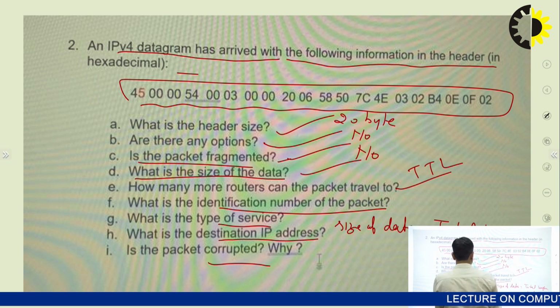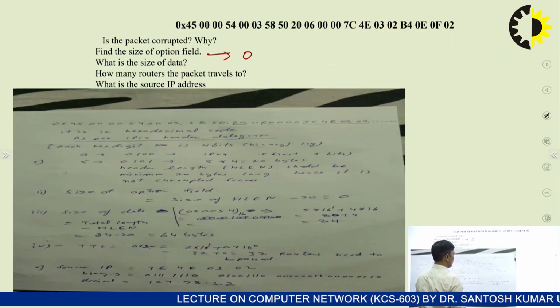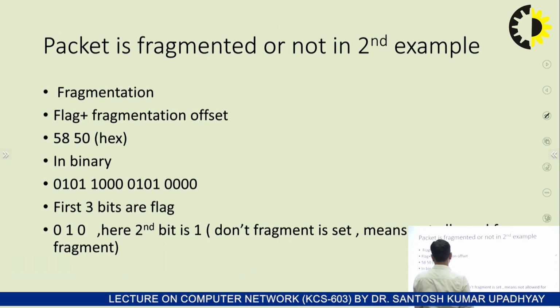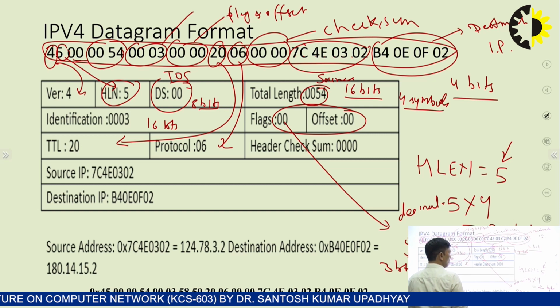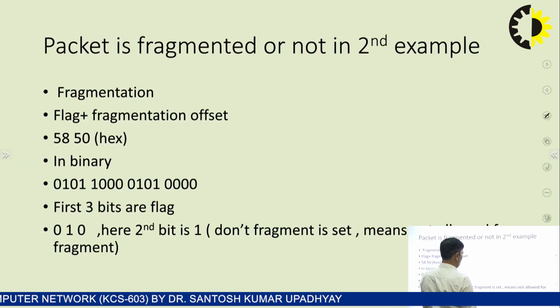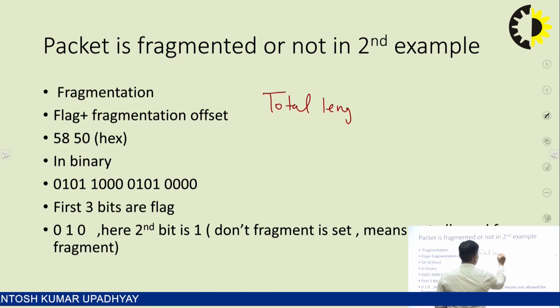Let me come to the data format. This is total length. What is the value? 0054. Okay, 0054. So the total length field is 0054.